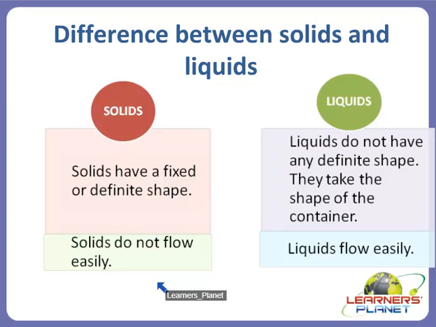The second difference is that solids do not flow easily, but liquids flow very easily. As we saw some examples about liquids just now, for example water, oil, milk, they can flow easily.